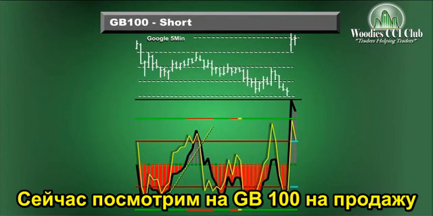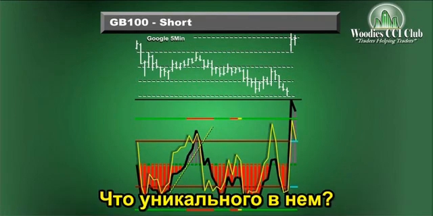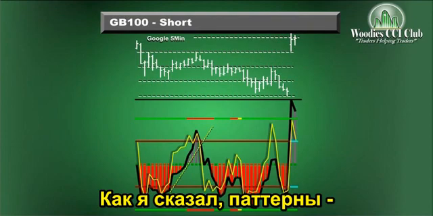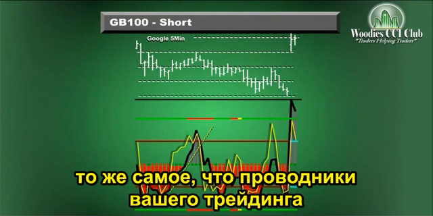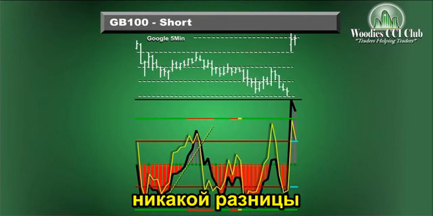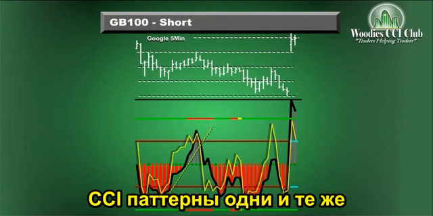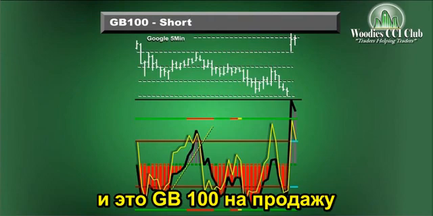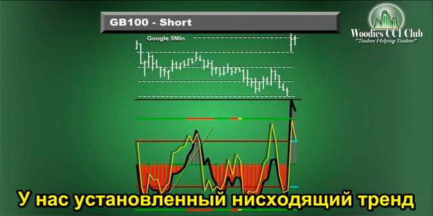Okay, now we're going to take a look at a GB100 on a short. What's unique about this is it's on Google, a stock. As I said, the patterns are the same regardless of what vehicle you're trading: futures, commodities, indexes, stocks, it doesn't make a difference. The CCI patterns are the same. So this is a 5-minute chart of Google, and this is a GB100 short.